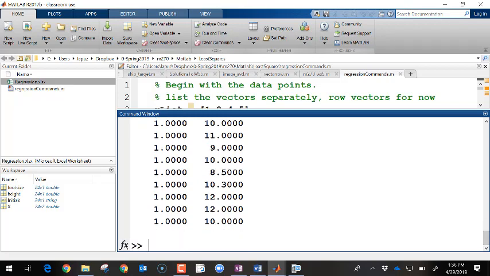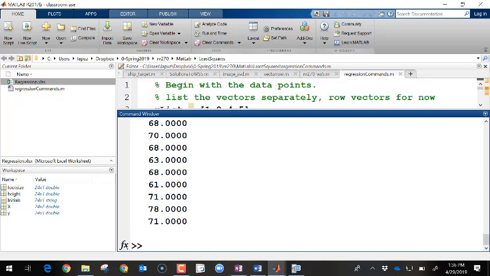Now my y vector is going to be my heights vector. So just to put it together, if I were to solve for it using just the regular solving, I would do a row reduction, right?